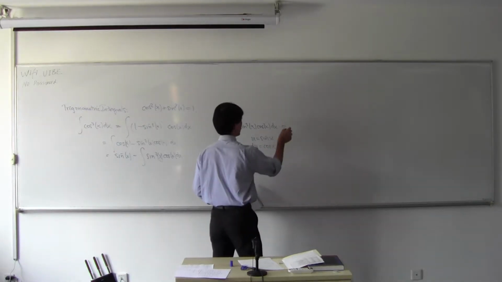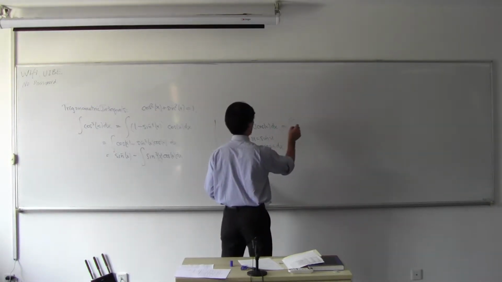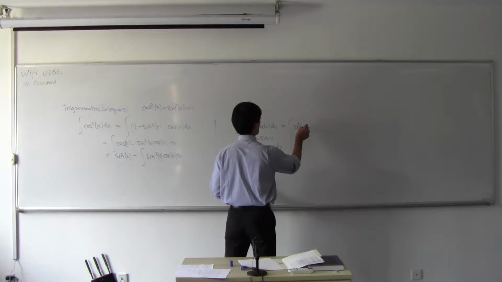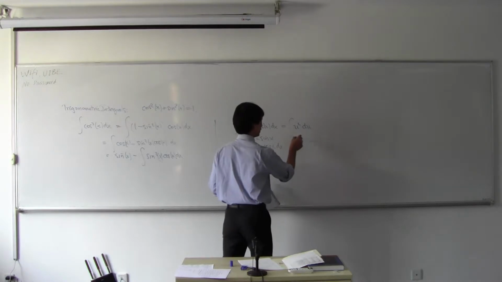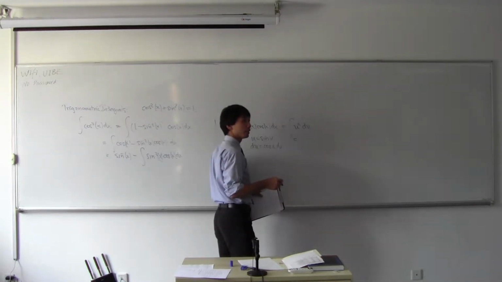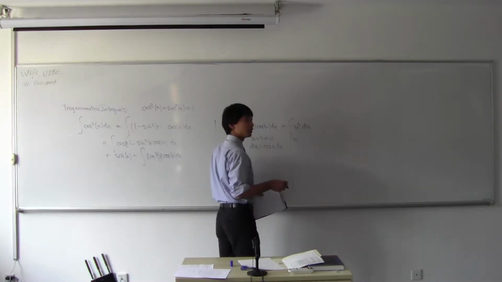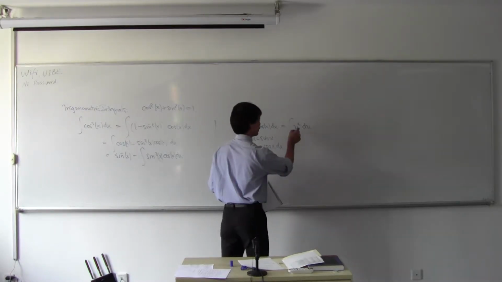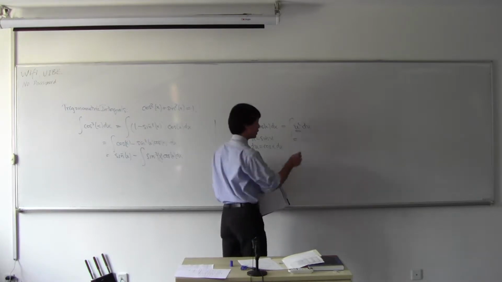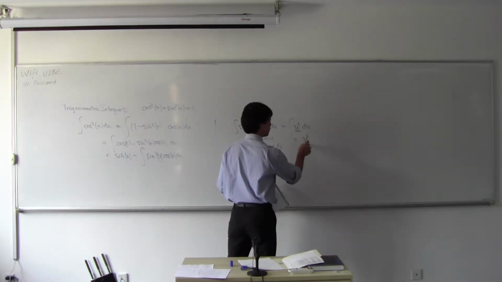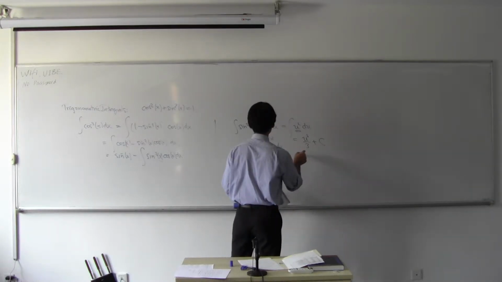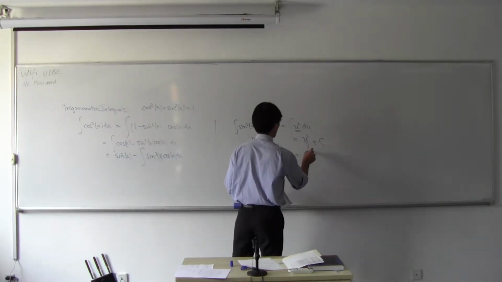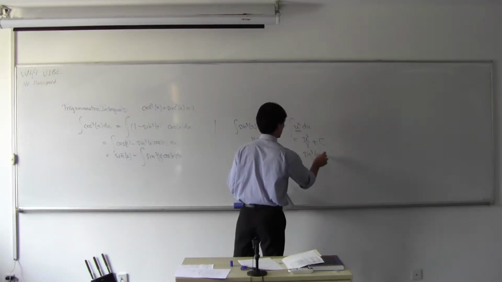So here you switch this over, you get u squared du. And then when you integrate that, what's the integral of u squared? Well, it'll be u cubed over 3 plus c. And so you end up with sine cubed over 3.